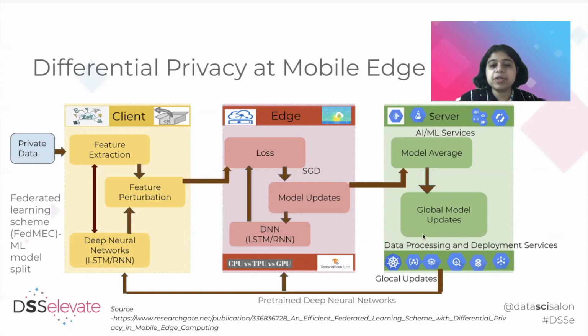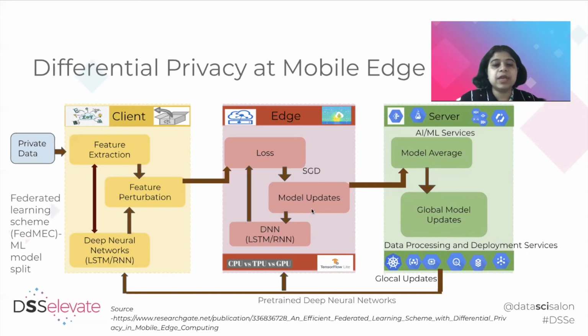In combination with that, we have data processing and deployment services like Kubernetes, Spinnaker, Cloud Endpoints, and DNS, so that the server can also be deployed in a cluster setup and is capable of handling large load at different times of the day, when a batch of IoT devices are sending data from the edge to the server.